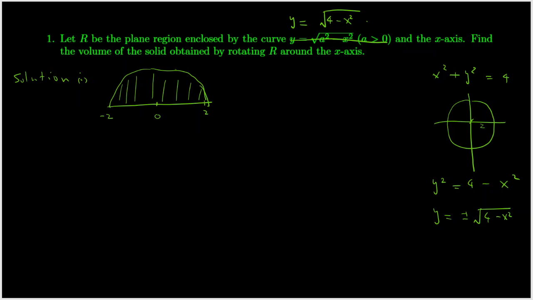Now I want you to imagine, I told you everything is going to be in space. Everything is three-dimensional. Still, I want to remove the shading. Now that's the plane region R. Imagine, or you can take a piece of paper and cut off a half circle.